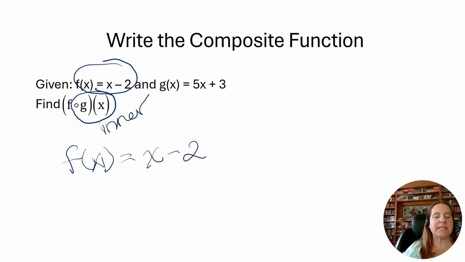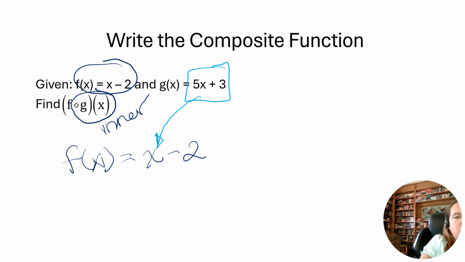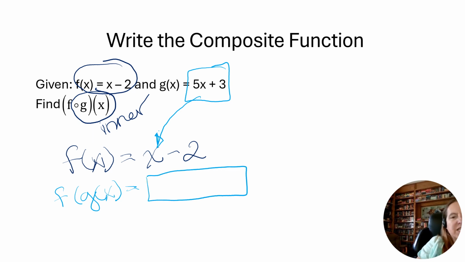Now remember, we said we're going to take the original function from the inside and replace that in where x was. So in other words, I could write this. f of g of x is going to equal, I'm going to leave a big blank here. That's going to be my x minus 2.